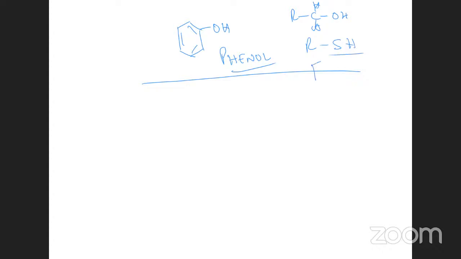If I have a benzene ring attached and OH, that's phenol. Then ether, if you have just oxygen right here, but if this oxygen is replaced by sulfur, same as thiols, this becomes thioether. Sulfite.